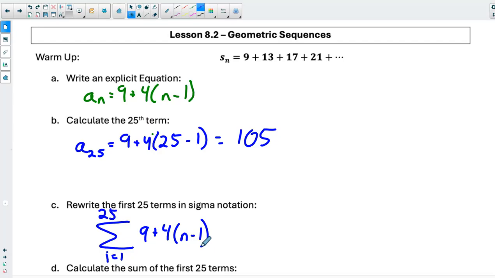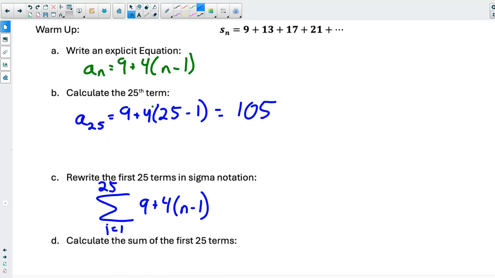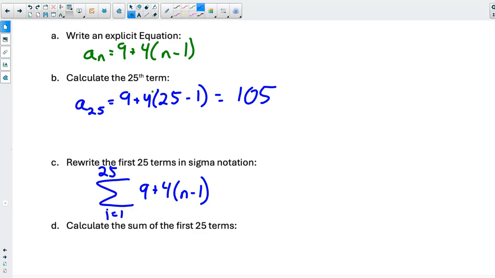Now for letter D, I calculate the sum, and our sum formula, remember, is a1 plus an, and then n divided by 2. But realize, when I'm saying a1, it is simply saying whatever that number is. And in this case, it's 1, so it matches up, and that's very common.